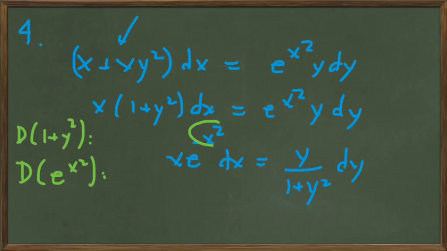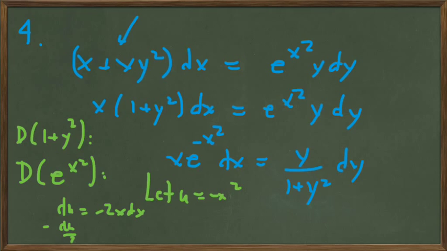Notice that this exponent minus x squared has as its derivative x, and so we're going to let u equal minus x squared, and so du equals minus 2x dx, or minus du over 2 equals x dx.